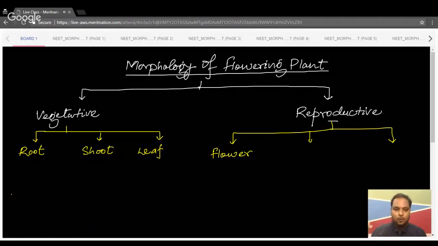Stigma, style, and ovary. Now, ovary is that part that is your future fruit. So ovary develops into fruit, whereas ovule, that is present inside the ovary, will develop into seed. Right? So these are the two other structures that are present as reproductive parts of the flowering plant. So I'll write it here as fruit and seed.